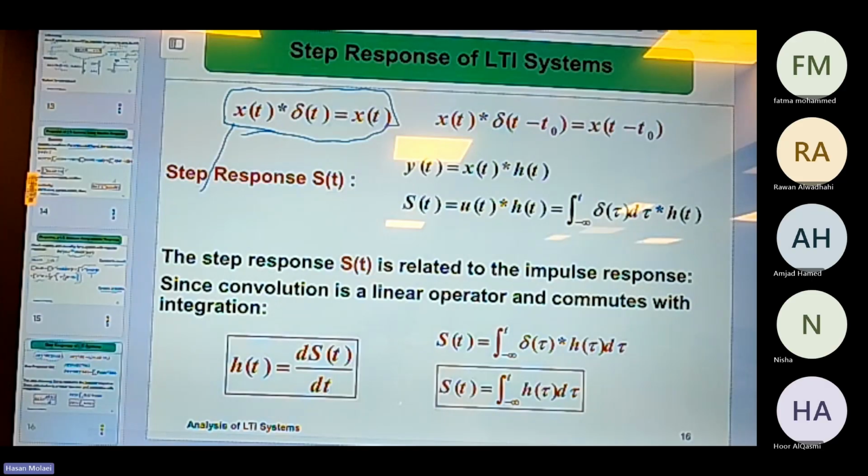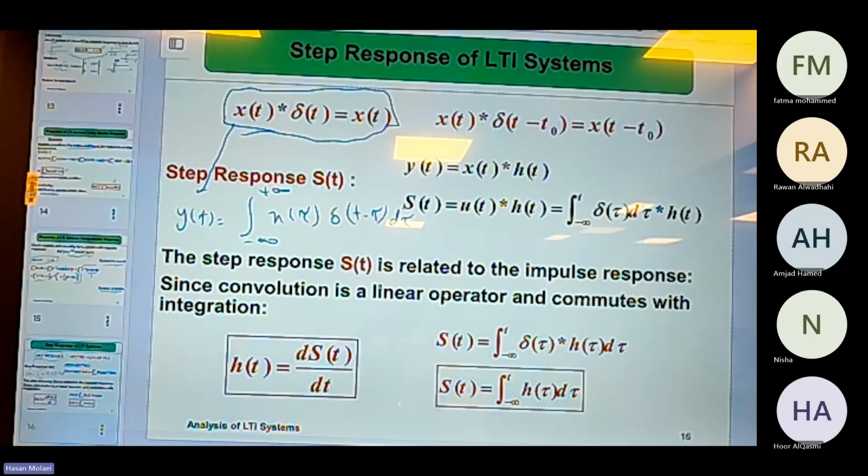We have the definition of convolution: the convolution of x and h is the integral from minus infinity to infinity of x(tau) delta(t minus tau) d tau.